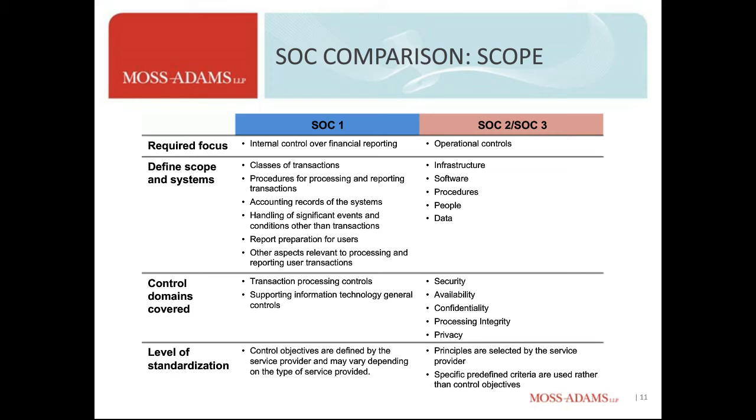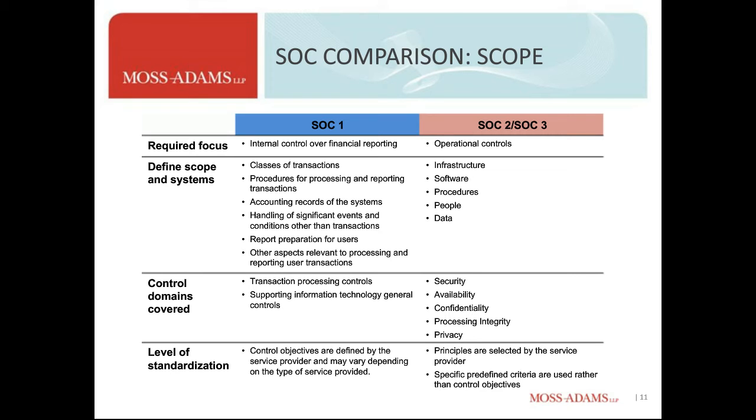So in the case of a SOC 1, the control objectives that are going to be covered in the report are actually defined by the service organization. They may or may not be in alignment with the controls that you need to have from a financial reporting perspective yourself. So again, the service organization is defining what objectives that report is going to meet, and ultimately what is included in the system that is being audited.